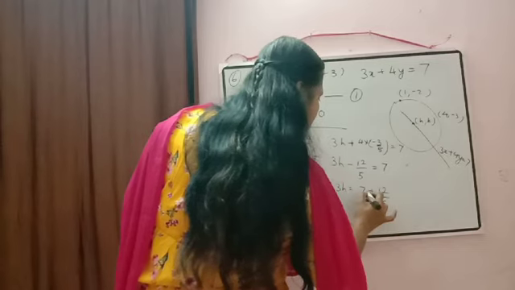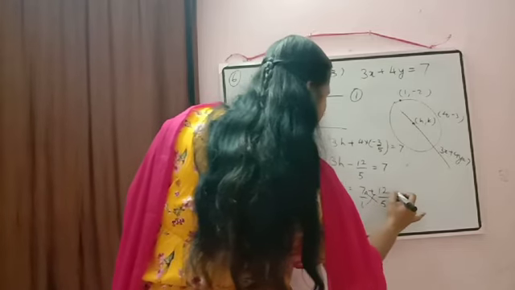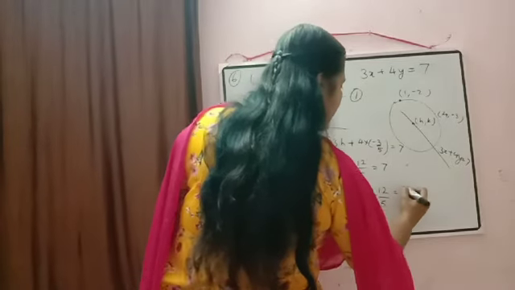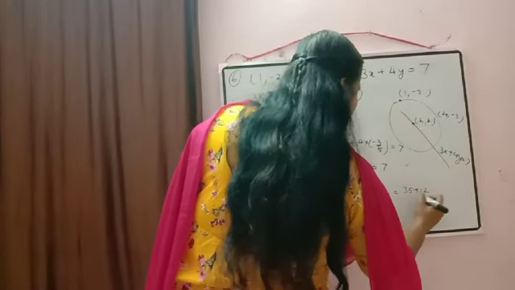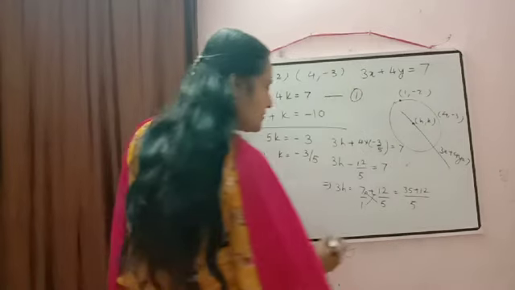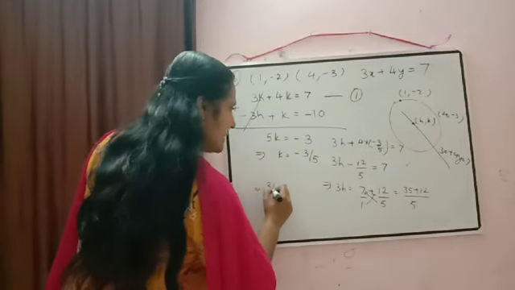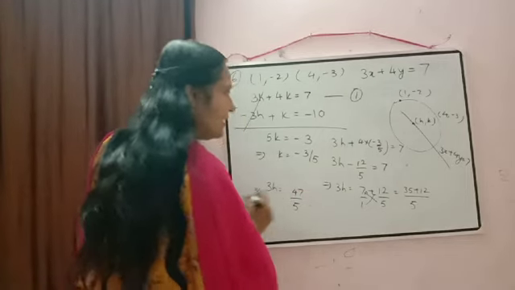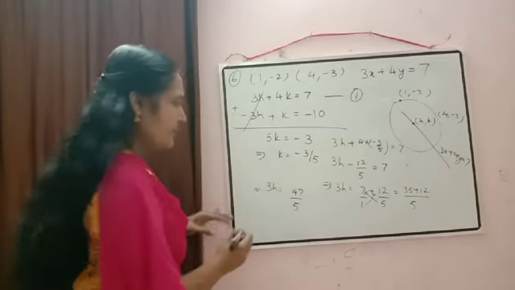Now just do the cross multiplication. Then what will we get here? 7 5s are 35. 35 plus 12 by 5. 35 plus 12 will be 47, so 3h is equal to 47 by 5. Correct? 47 by 5.